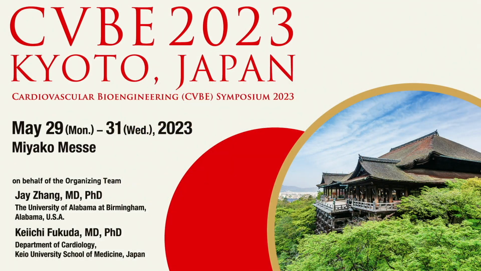Questions for Masaki? Roberto, you have a question? Go ahead. Yeah, very nice work in the chronic model in the mouse. Are you working to bring that to a larger model where you can actually inject these three factors? So have you tested this in larger models of chronic ischemic cardiomyopathy?